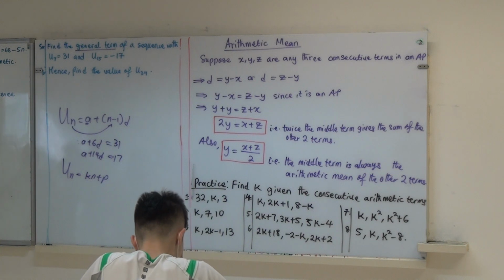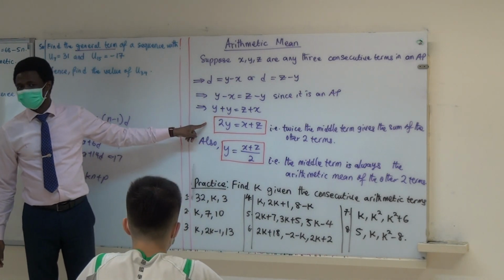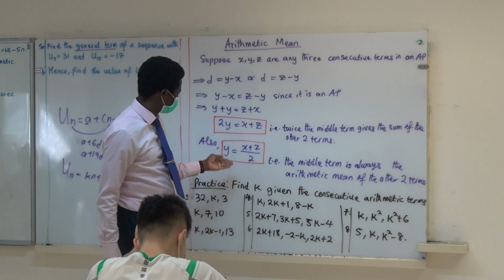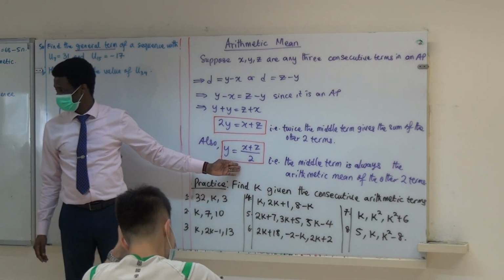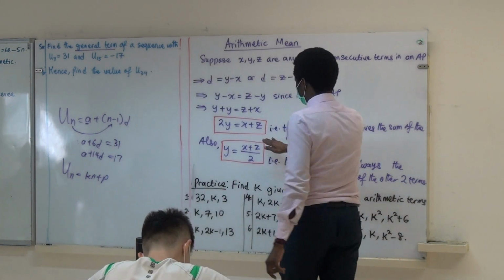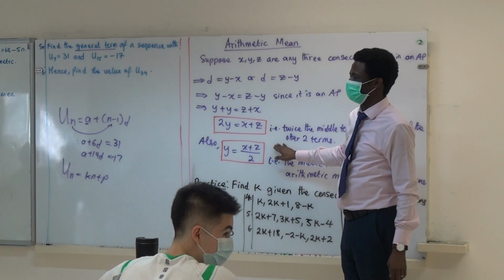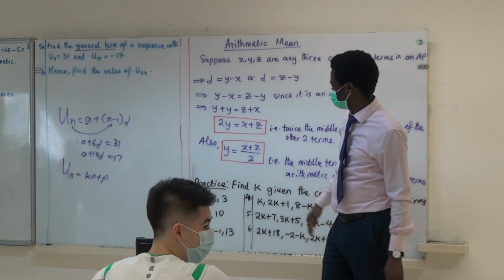You don't need the also part. This is what you need. You don't need the also part, because when you do this, you still have to cross multiply again. Right? So this is the main thing. This is just also. Also means in addition, what you can also observe. But this is actually what we need.